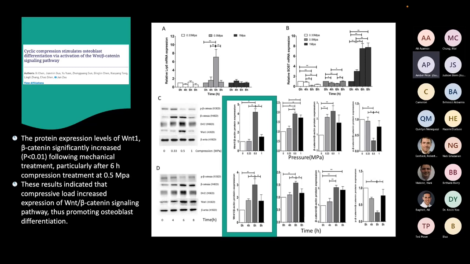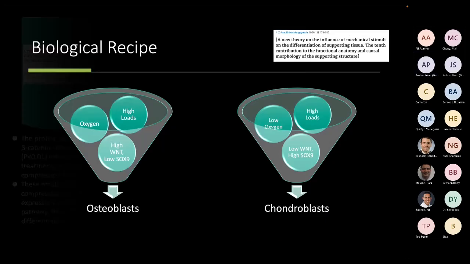And you can see that there's kind of a sweet spot when they perform cyclical compression at a certain rate after 6 hours that improved the expression and formation of the osteoblasts the most out of all. So there is definitely an important component to applying loads to bone.